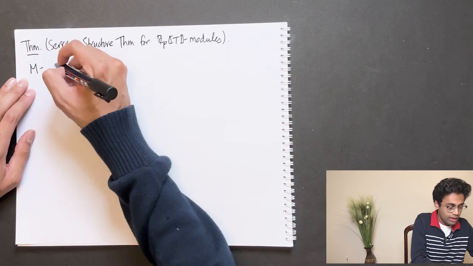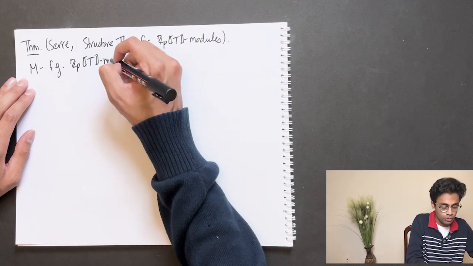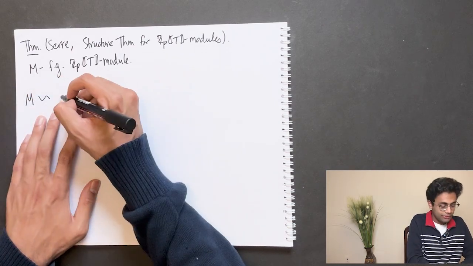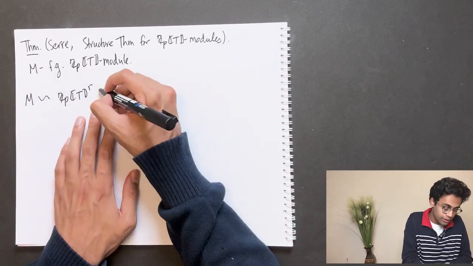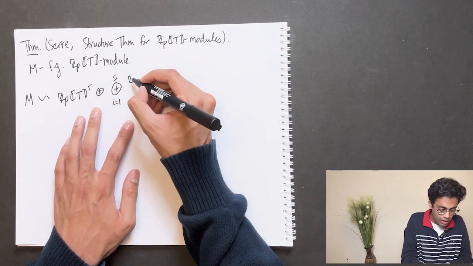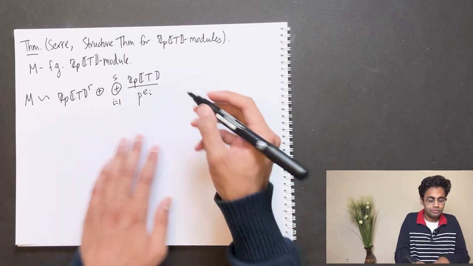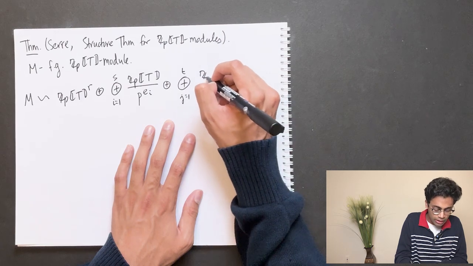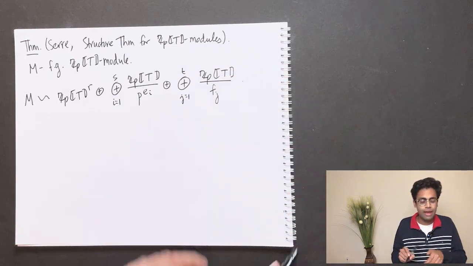If M is a finitely generated Z_p double bracket T module, then we can write M as Z_p double bracket T to the R, direct sum i equals 1 to S of Z_p double bracket T modulo p to the e_i, direct sum j equals 1 to t of Z_p double bracket T modulo f_j.